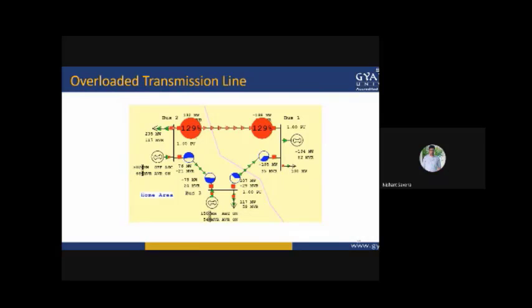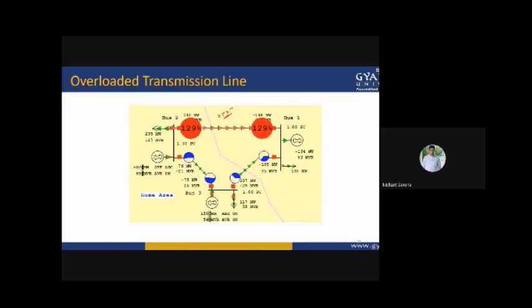Look at this overloaded transmission line slide. In this, it is clearly seen that this transmission line is overloading. For example, the capability of this transmission line is around 150 megawatts or MVA.